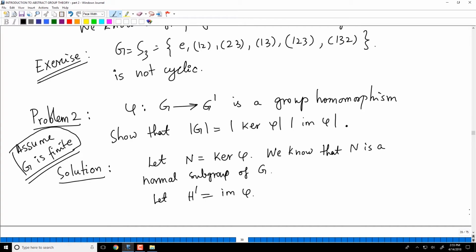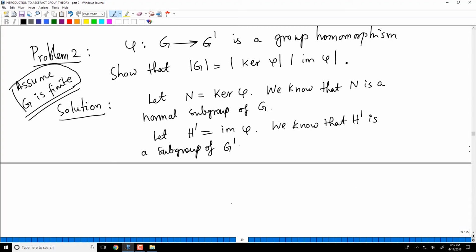Instead of writing kernel phi, image phi all the time, I am giving them names. Image phi is a subgroup, so H prime is a subgroup of G prime, and in general it's not a normal subgroup, as you should think of an example.